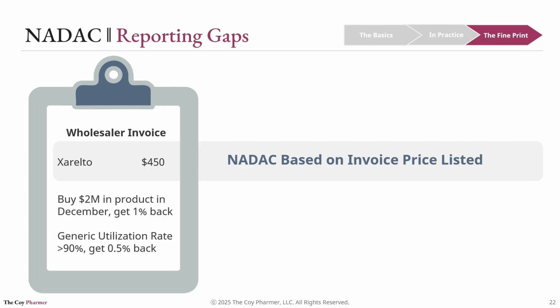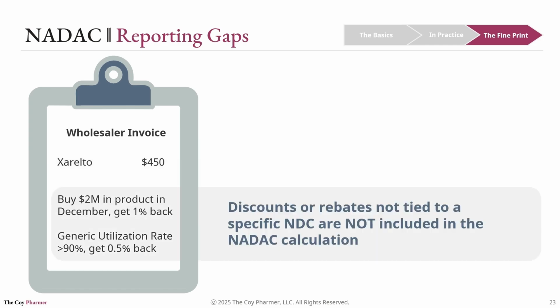There are also commonly things that we call off-invoice discounts or off-invoice rebates. We have a couple of examples of this. So some of them may be attached to a certain volume threshold, some of them may be attached to a certain generic utilization rate, but these particular rebates or discounts are not included in the NADAC calculation.